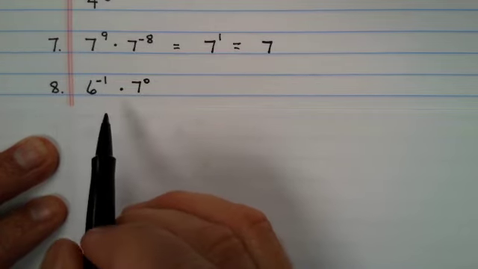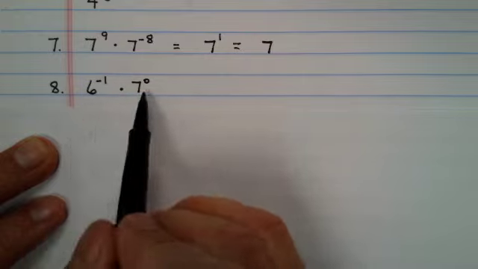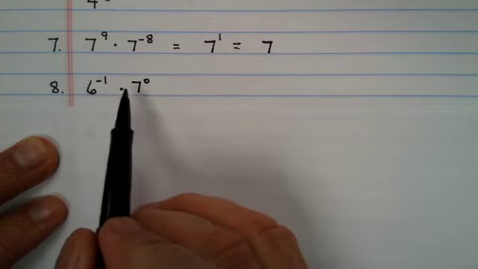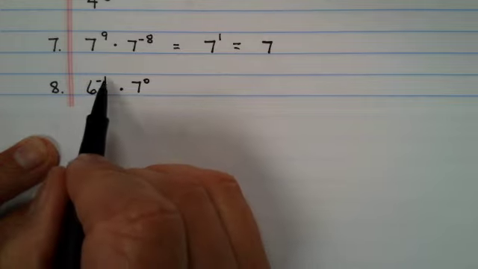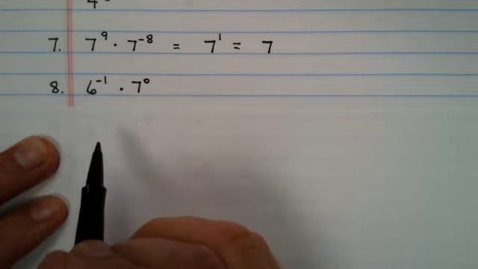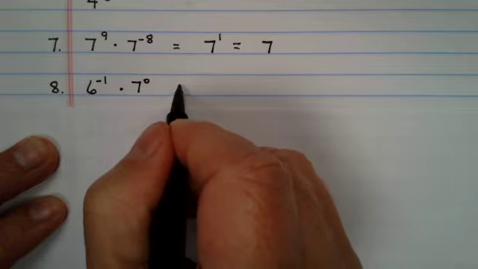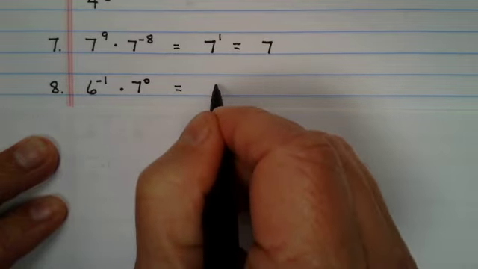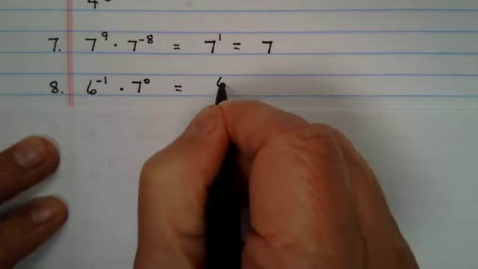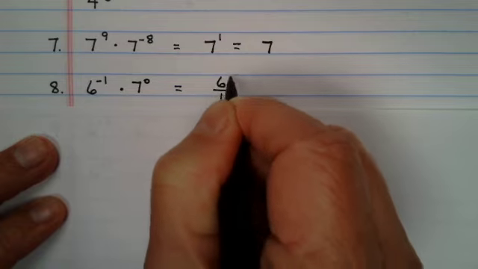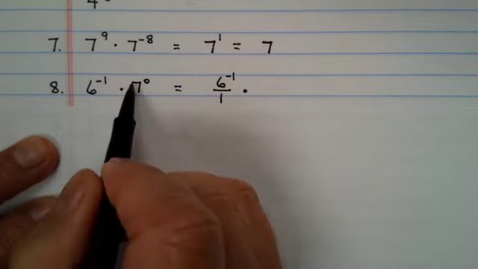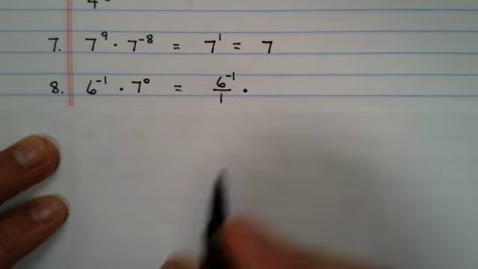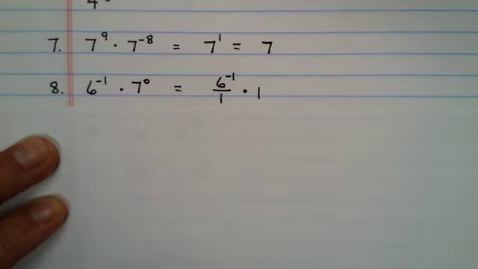I need to use some of my rules for exponents. I'm not supposed to have negative exponents. These certainly don't have the same bases, and they don't have the same exponents. What's my rule for negative exponents changing into a positive exponent? I rewrite this as a fraction. 6 times anything raised to the 0 power is 1.